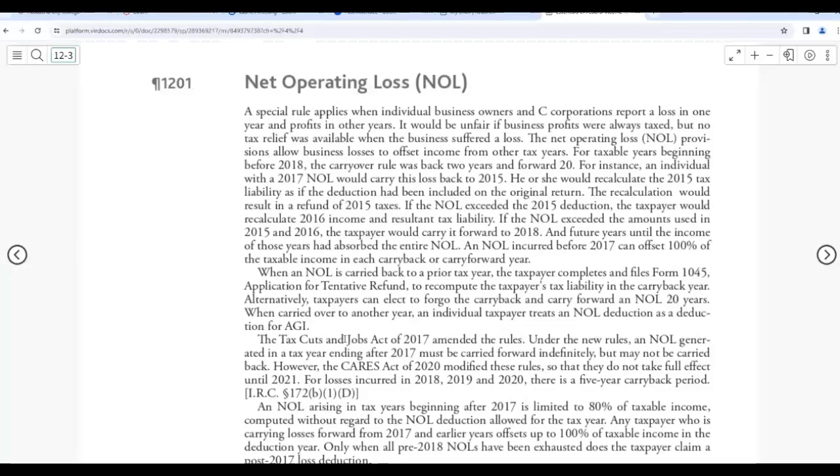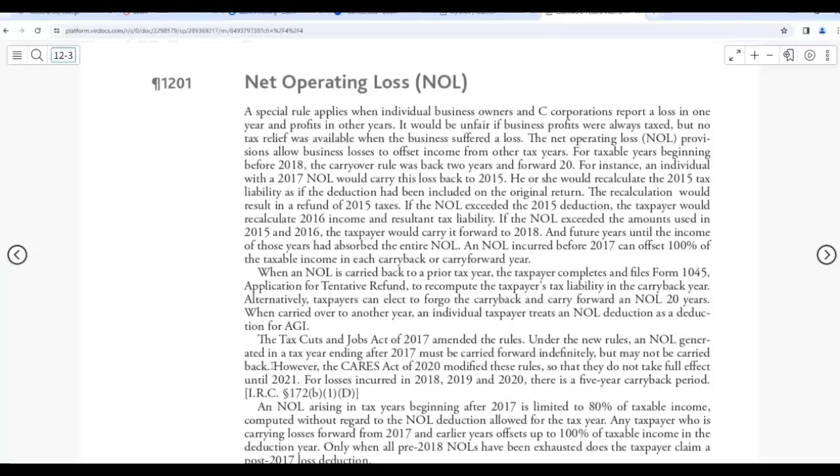Okay, now it gets more complicated. The Tax Cuts and Jobs Act of 2017 amended these rules. Under the new rules, the net operating loss generated in tax years ending after 2017 must be carried forward indefinitely, but not carried back.